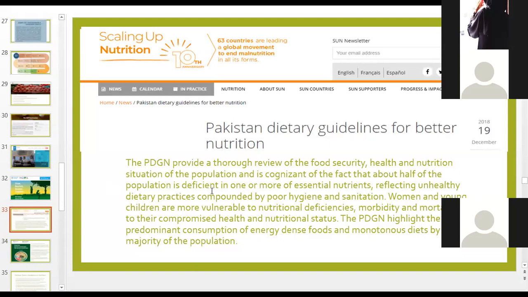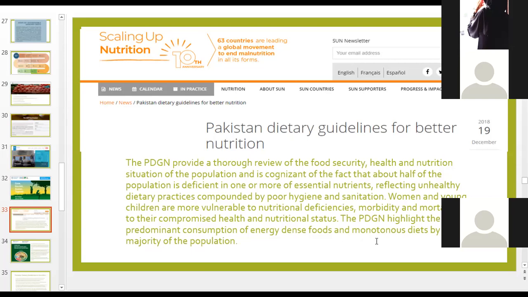Half of the population of Pakistan is deficient in one or more essential nutrients, reflecting unhealthy dietary practices compounded by poor hygiene and sanitation. Women and children are vulnerable to nutritional deficiencies in Pakistan, with morbidity and mortality due to compromised health and nutritional status.